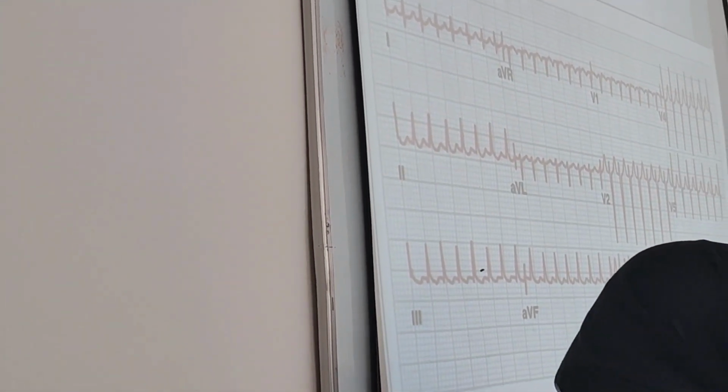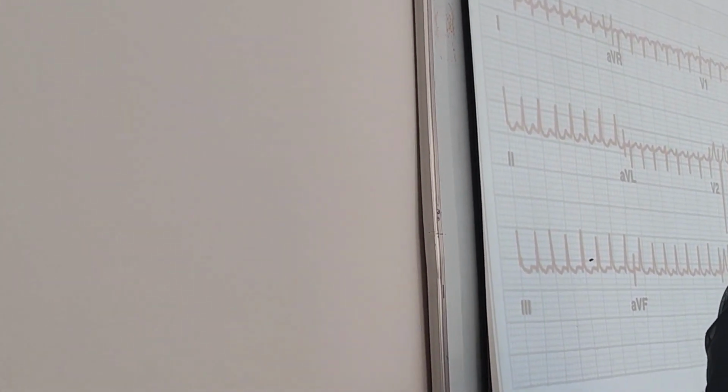But here it means that in the junction between the atria and the ventricle, it starts the signal without depolarizing the atria. This is called junction. But junction can produce a beat between 40 up to 140.